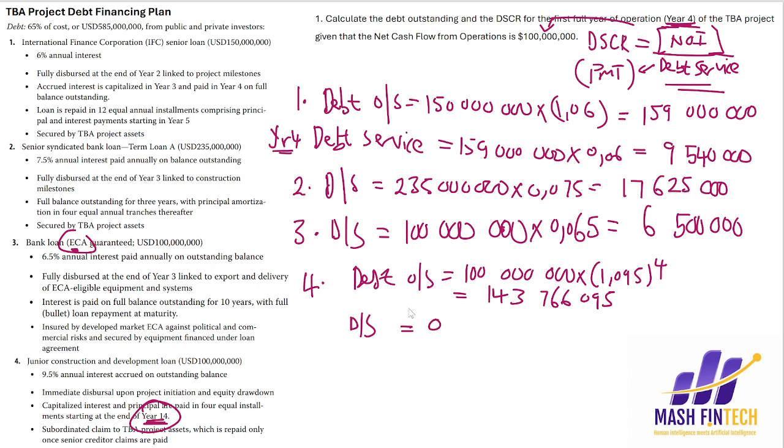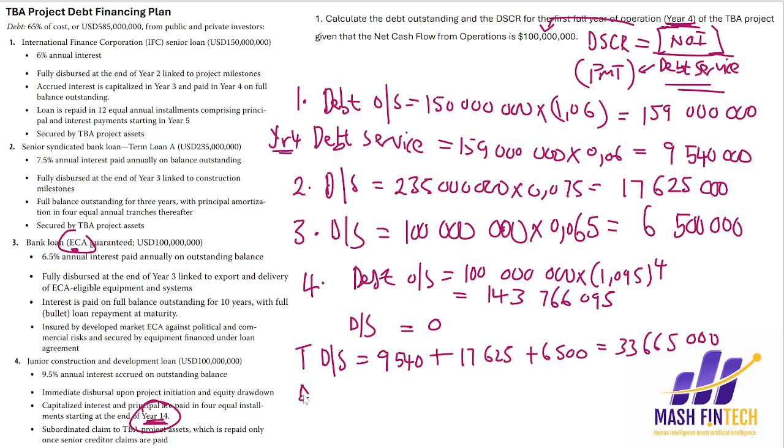Okay, so to get this denominator here, we add up the debt service. So the total debt service would then be equal to 9,440,000 plus 17,625,000 plus 6,500,000 plus 0, and then you're going to get 33,665,000.